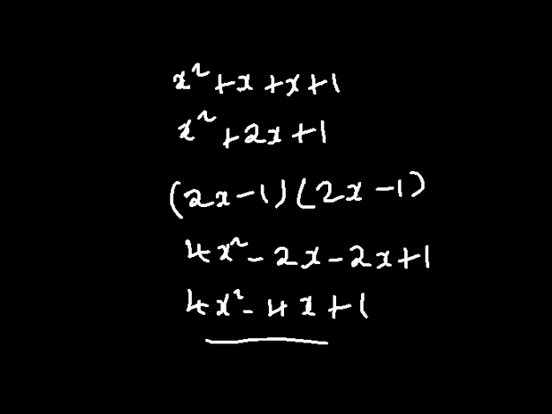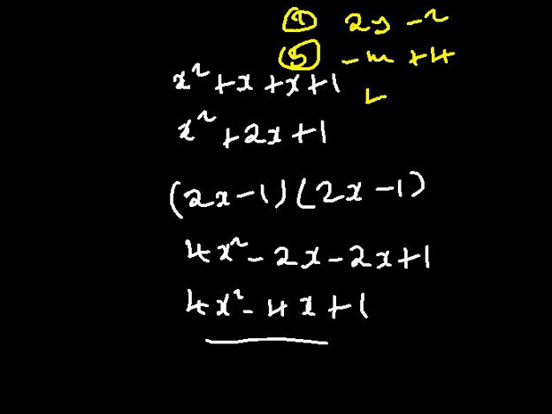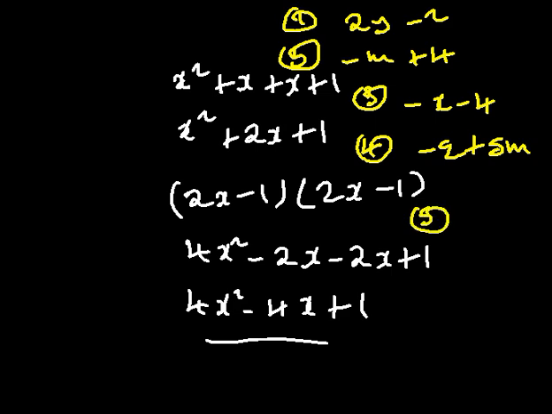Also try to form quadratic expressions that are perfect squares from the products of the following: let's say 2i minus 2, negative m plus 4, negative x minus 4, negative q plus 5m, and something like half minus r.